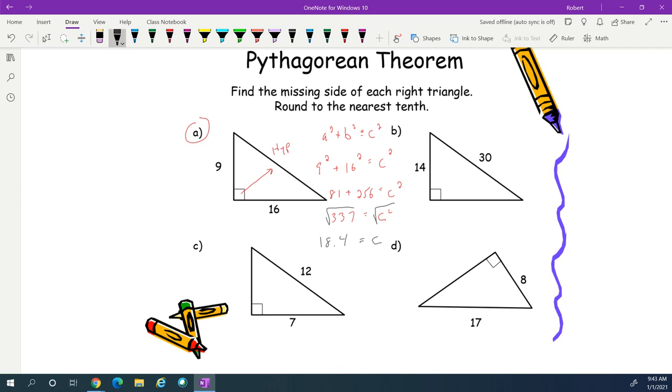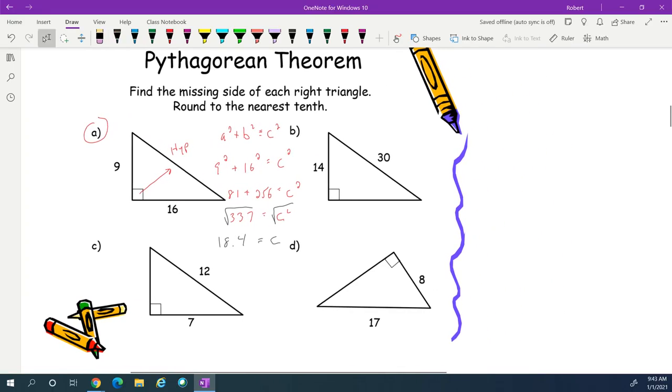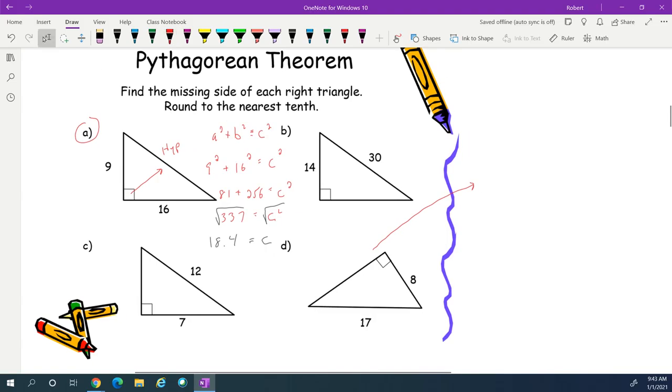Now, again, the critical thing is getting things substituted in the correct spot. Just for the sake of review, let's do question D. I'll just bring the work out here. The hypotenuse is 17. We're looking for this leg. It's a or b, it doesn't matter. So I'm going to just call it x for our purposes. So again, we have leg squared plus leg squared equals hypotenuse squared.